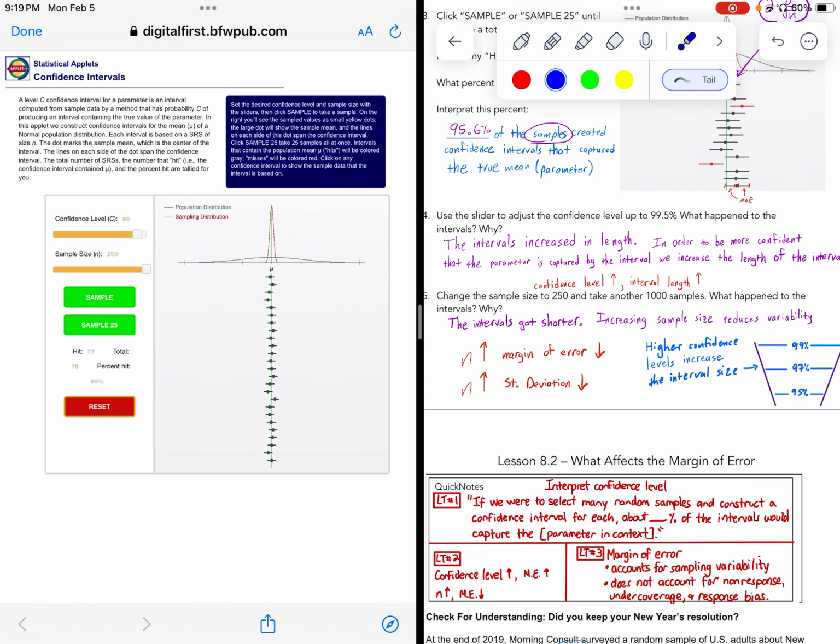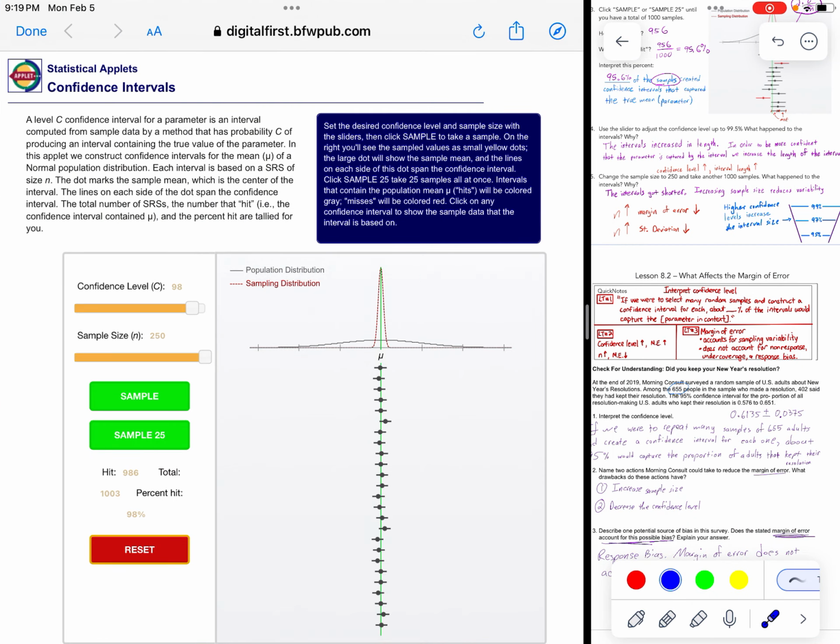I'm going to do the clicks here. They want me to get to 1,000 samples. Keep going. Well, I'm at 1,003. Okay, and let's see, it's kind of small. That's better.